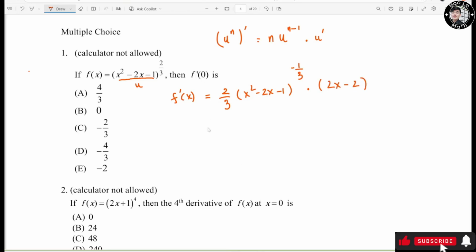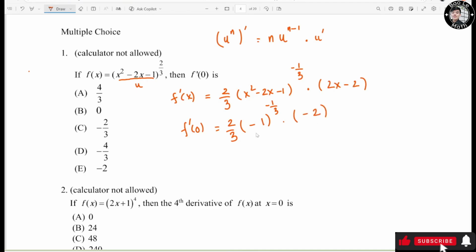So we substitute 0 for s, so f prime of 0 equals 2 over 3 times negative 1 raised to the negative 1/3, times 0 minus 2, which is negative 2.